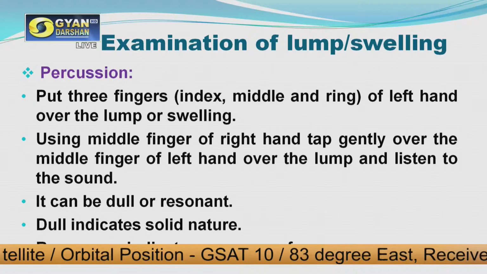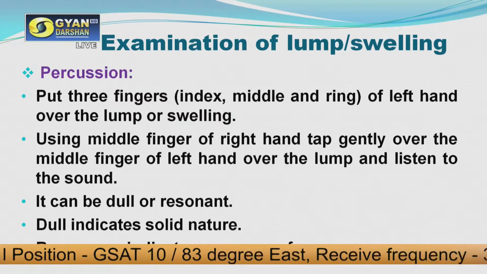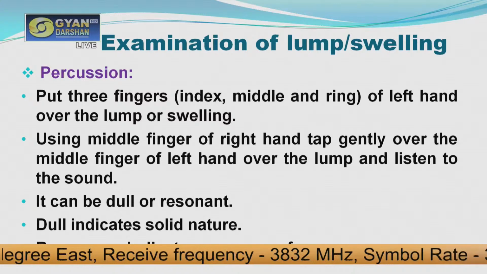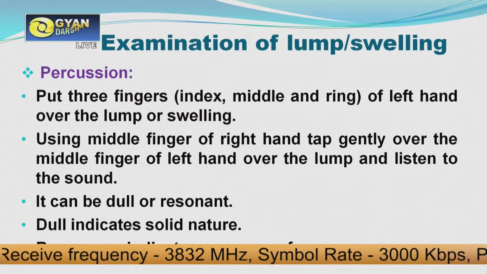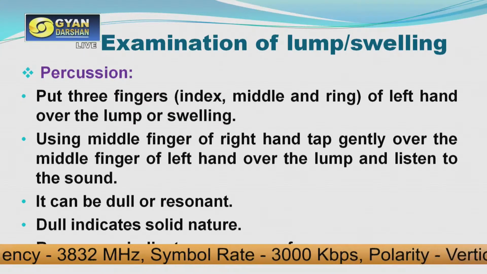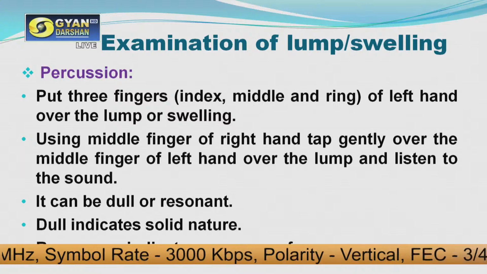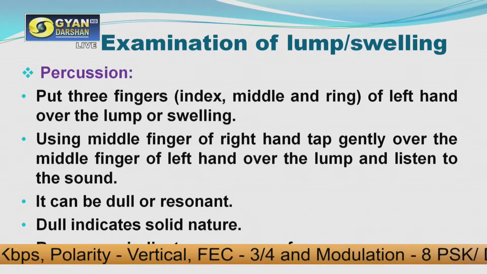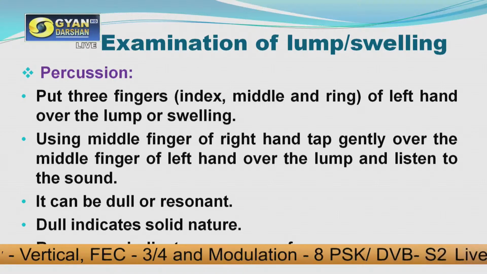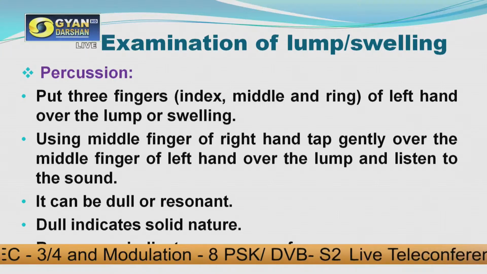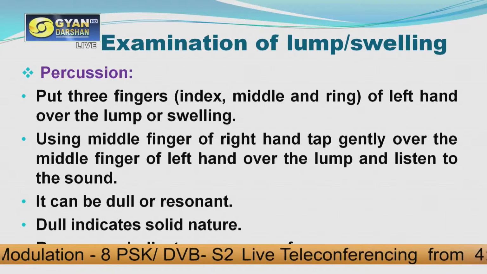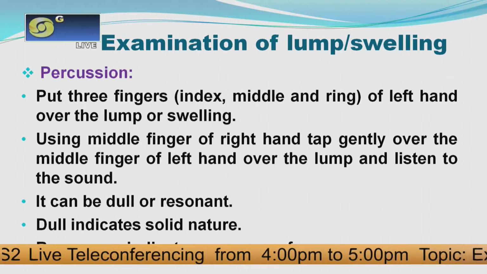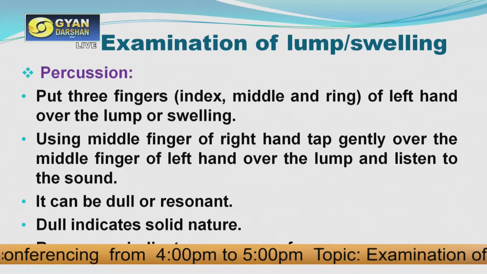When we tap, there will be a sound. So what kind of sound is it? Whether it is a dull sound or whether it is resonant. These are the two characteristics of sound. If a dull sound is there, that indicates that it is solid in nature. And if the lump has a resonant sound, that means there is presence of gas in it. So that can be assessed.